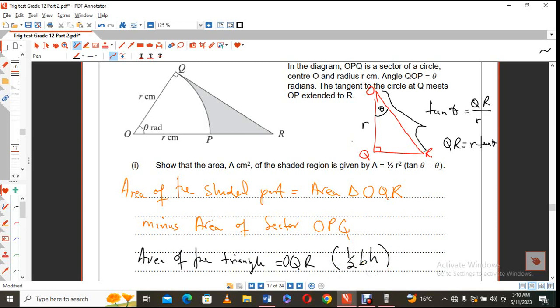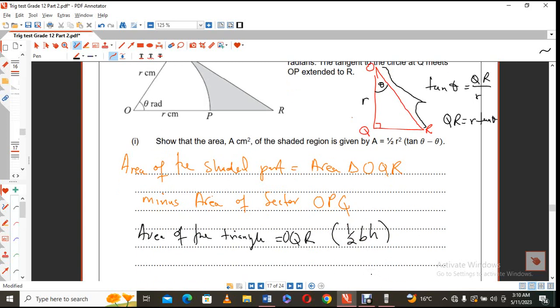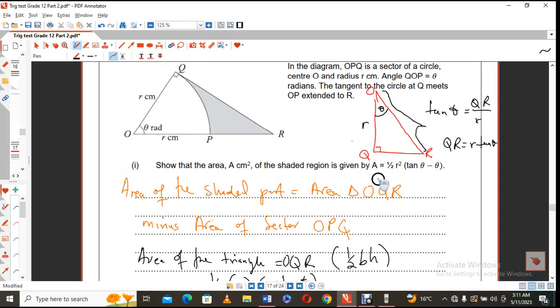So the area of the triangle is a half, the base can be R, and the height can be represented by R tan theta. All right, I just want to get my drawing correctly. So QR, the distance I'm referring to, is this distance over here.